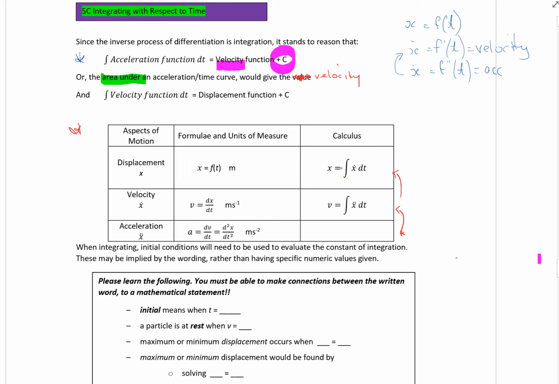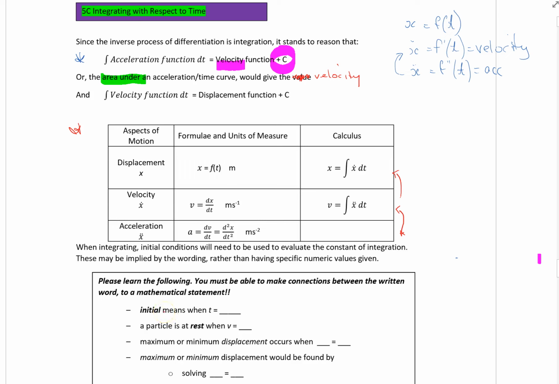In order for you to be able to do that, you'll have to interpret some words, and I've already spoken about the importance of the words. The words in the question are, in many cases, your only assistance. So things like initial means at the beginning. Now, what does that tell us? It doesn't really tell us anything about velocity or acceleration at the beginning.